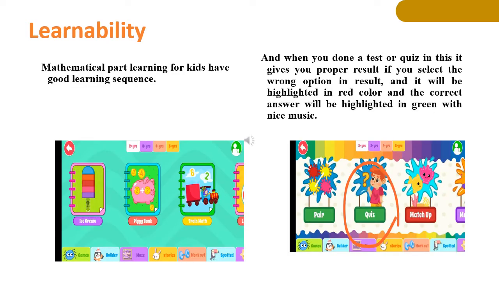Second point of learnability is the mathematical part. Learning for kids has a good learning sequence. You can see these pictures.